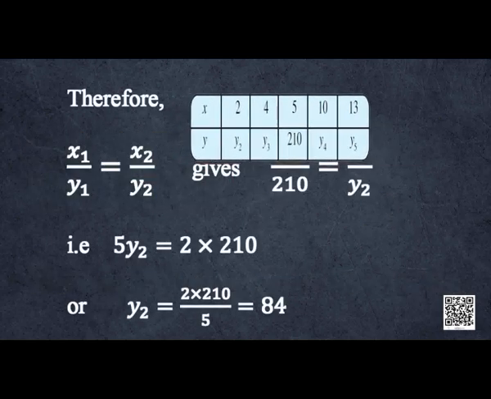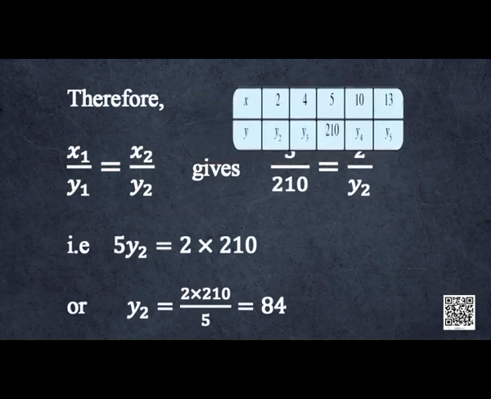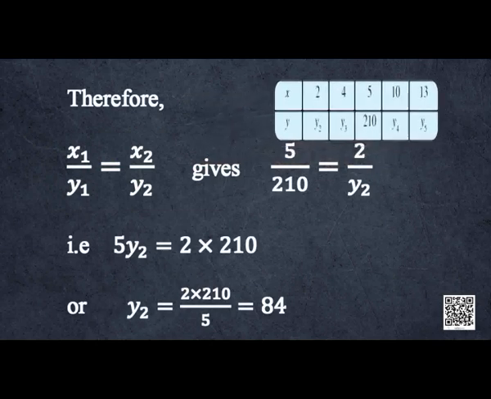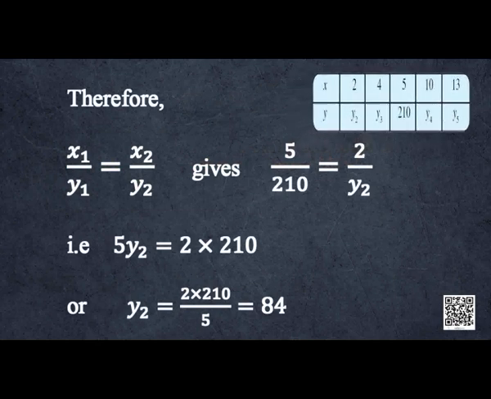Therefore, substituting these values in our equation x1 by y1 is equal to x2 by y2, we get 5 by 210 equal to 2 divided by y2. That is, 5 y2 is equal to 2 into 210, or y2 is equal to 2 into 210 divided by 5, which is equal to 84.